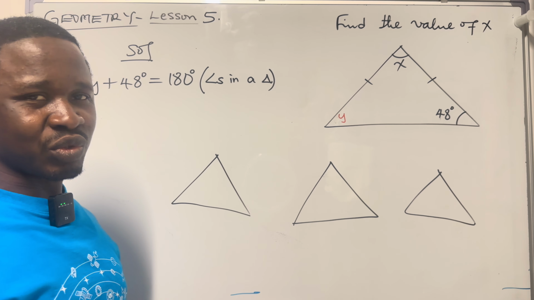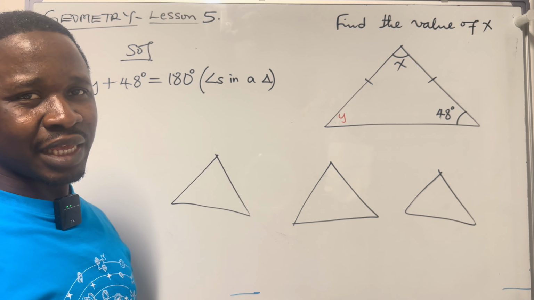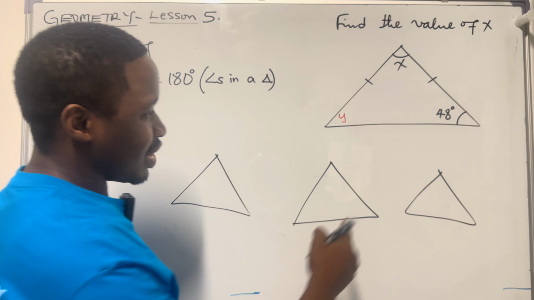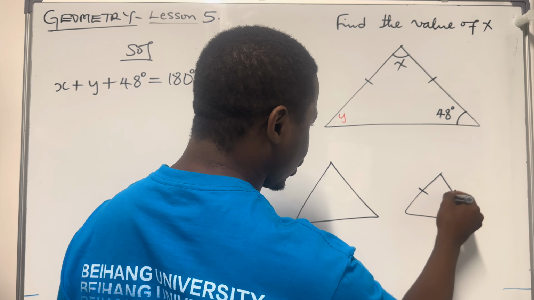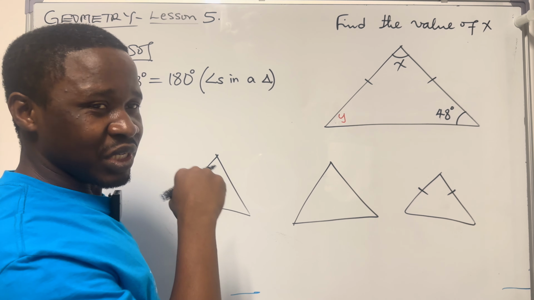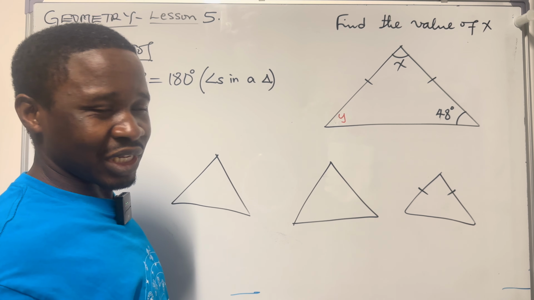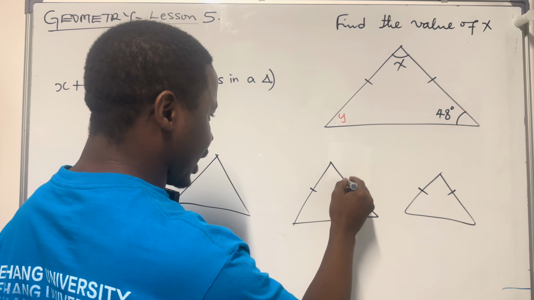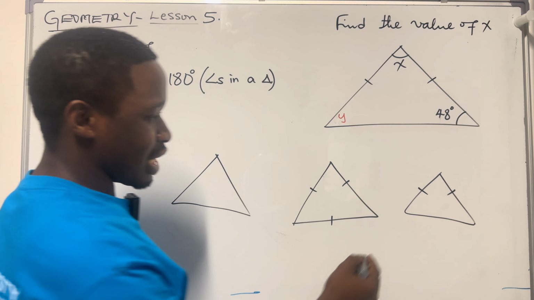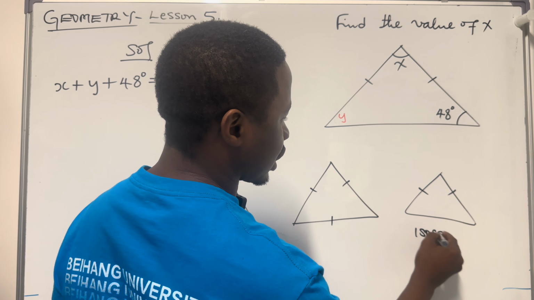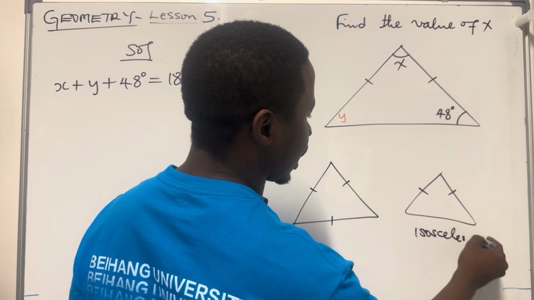What makes it isosceles? Because two sides are equal. Whenever you have a triangle wherein only two sides are equal, it is an isosceles triangle. When all three sides are equal, it is what? Equilateral triangle. This one is an isosceles triangle.